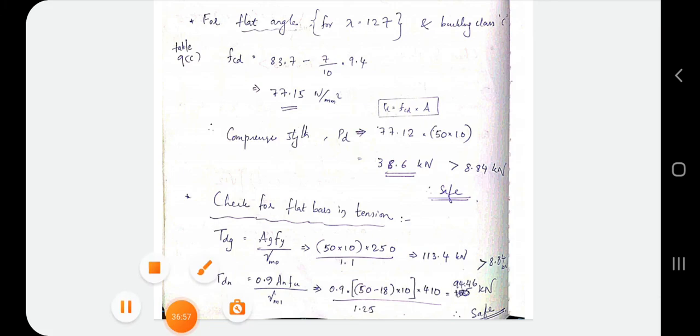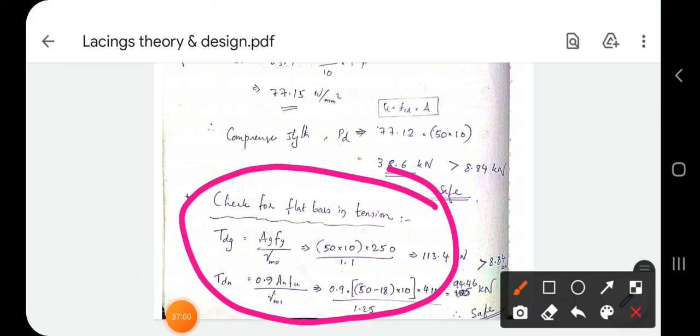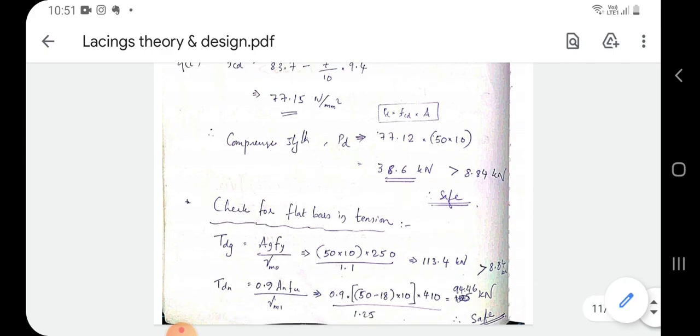Now we'll check for the flat bars in tension. In tension we'll find the Tdg and Tdn, that is tensile strength in yielding of the gross section and tensile strength in rupture.